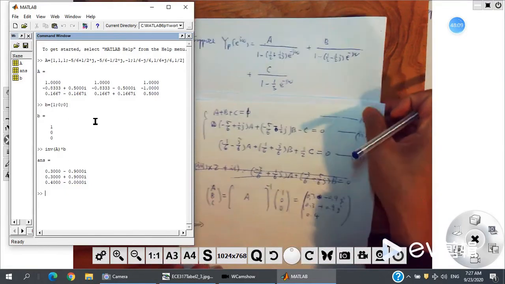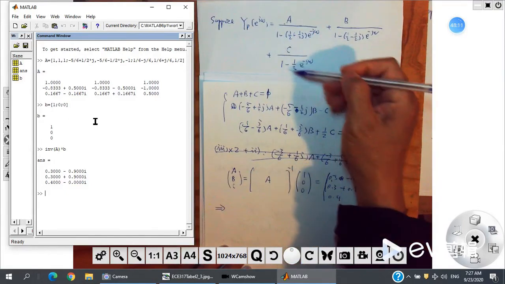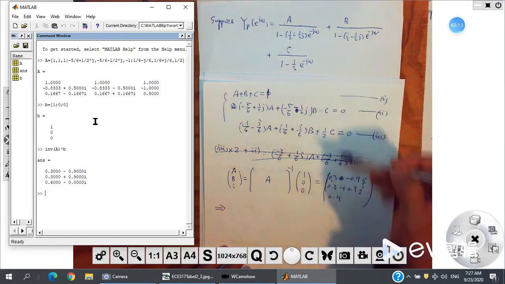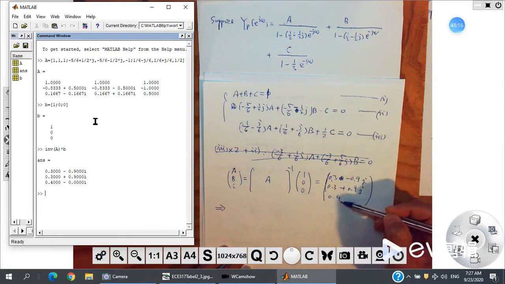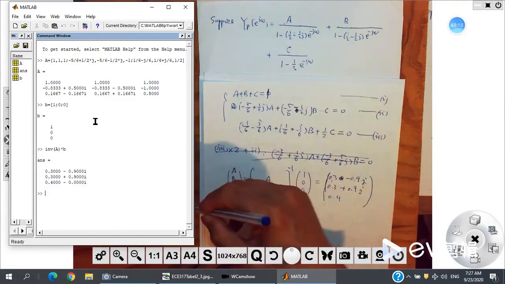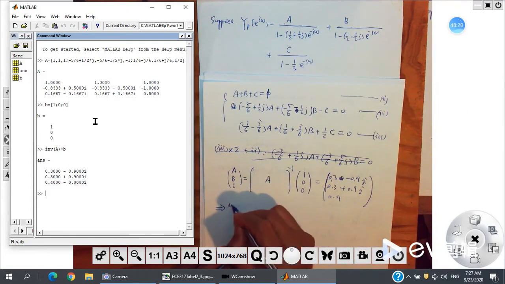Then capital Y is here in the frequency domain, and now I know the coefficients A, B, C. So I just plug them in and go to the time domain. I have y particular of n.